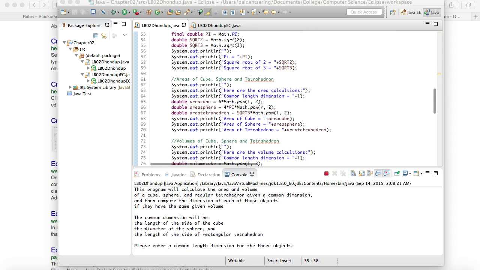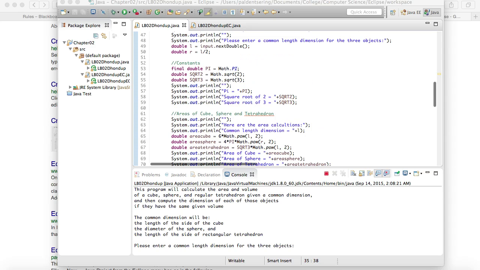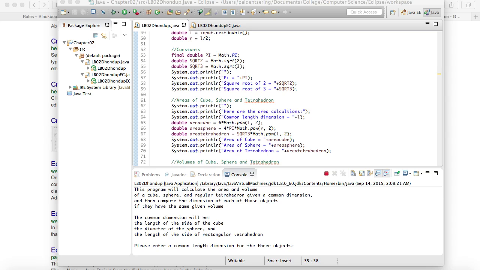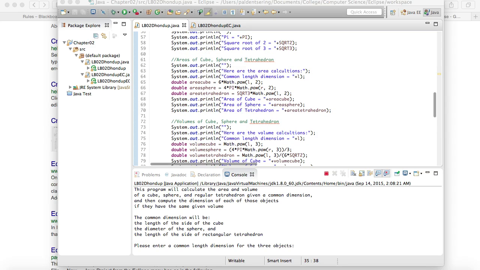The area of the tetrahedron I calculated using square root of 3 L squared. Square root of 3 is one of the constants I mentioned before, and instead of using the number, I just put in the variable name, and it's going to give me all the areas.